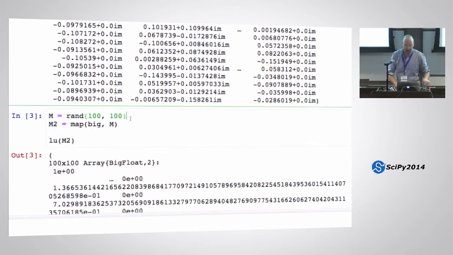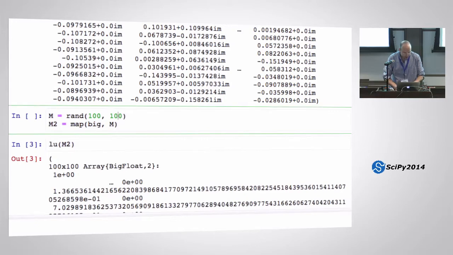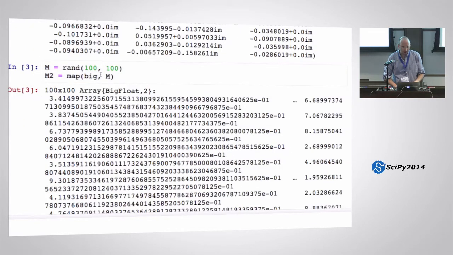So what I'm doing here is taking this random matrix and then using map, just like in Python, to apply this function to every element of M. There are various functional programming tools in Julia as well. Let's have a look at what that looks like. It converts every element of M to a big float. It's not a very clever thing to do because we lose some precision, but it's just an example.